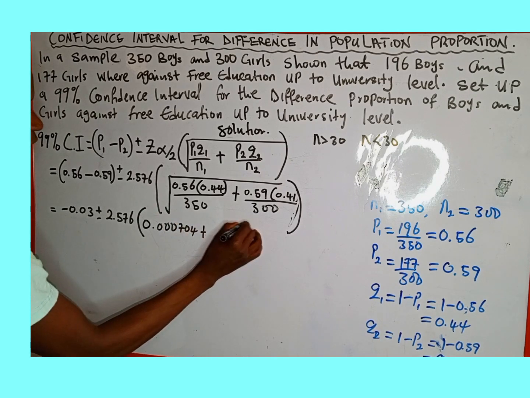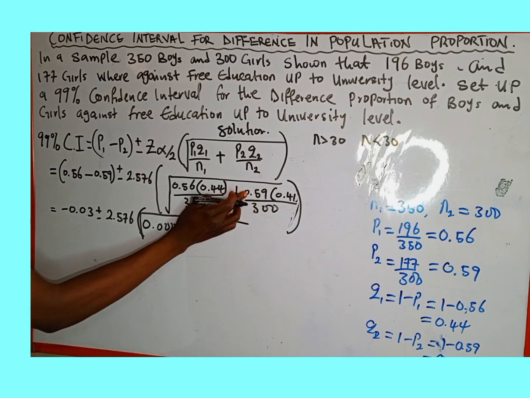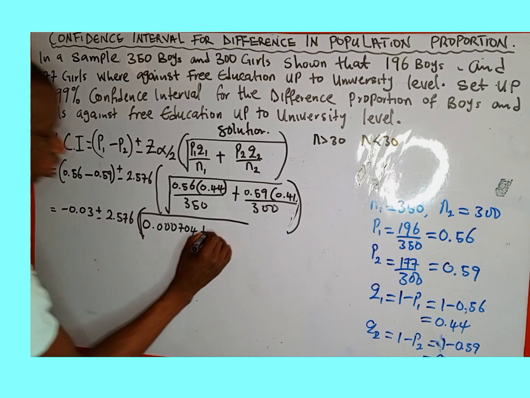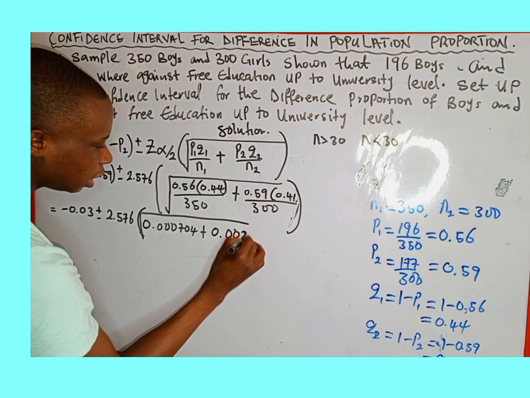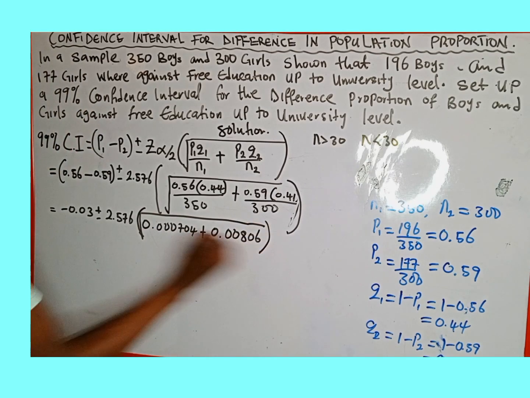Then, remember this is inside the square root, plus 0.59 multiplied by 0.41, then divided by 300, which gives us 0.000806. So now we can close the bracket.